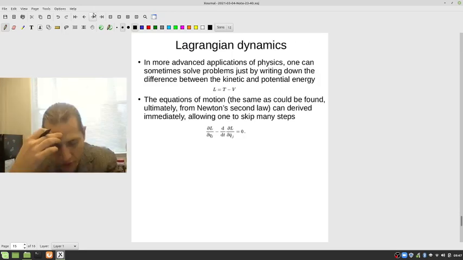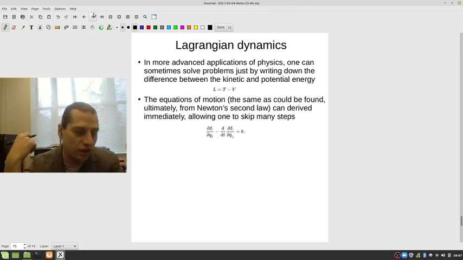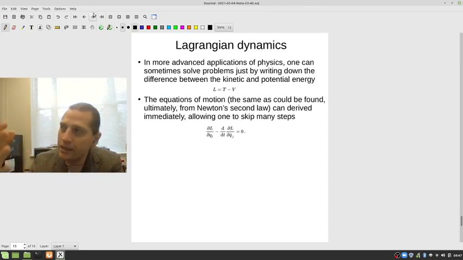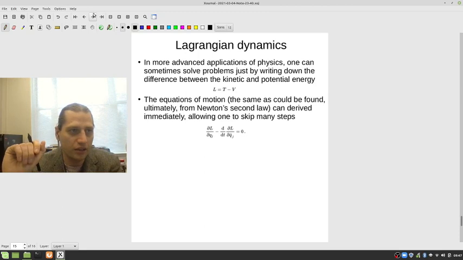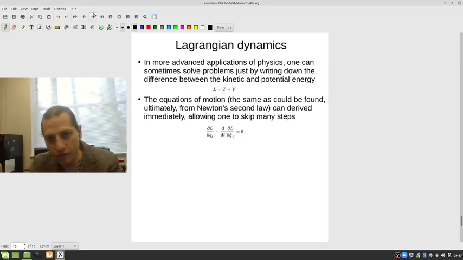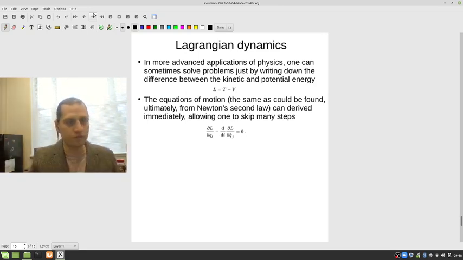Now, another point that I just want to mention for those of you who are interested in this sort of thing, if you go on in physics and take a junior level course in physics called analytical mechanics, there's an interesting form of this that has to do with the calculus of variations and what you do to solve problems where you have lots of particles and you want to find out how all of them are moving.